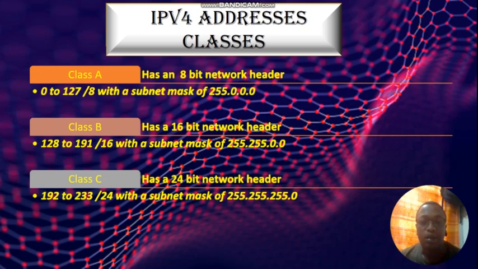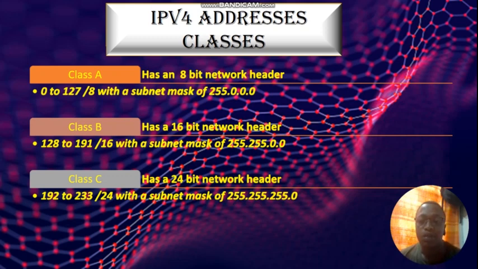and the subnet mask takes the rest of the part. And what the subnet mask helps us identify, as we talked earlier, is the network part and the host part. So in the part where 255 is, that is the network part, and where the zeros are, that is the host part. Now in class B, in the first octet, remember we identify the classes from the first octet. In class B, the first octet will be 128 to 191 with a 16-bit network header.